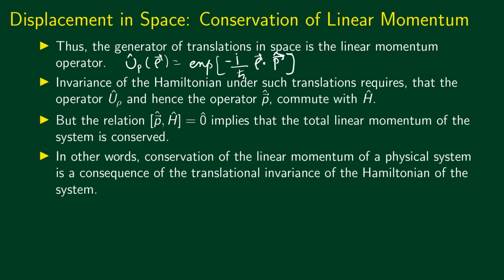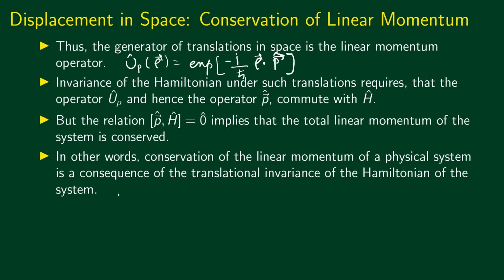Now, up to now, we talked about the change of the wave function or change of state under a translation. Now, just as we discussed the Schrodinger and the Heisenberg picture, we can equivalently talk about the change of the operator under this particular unitary transformation.